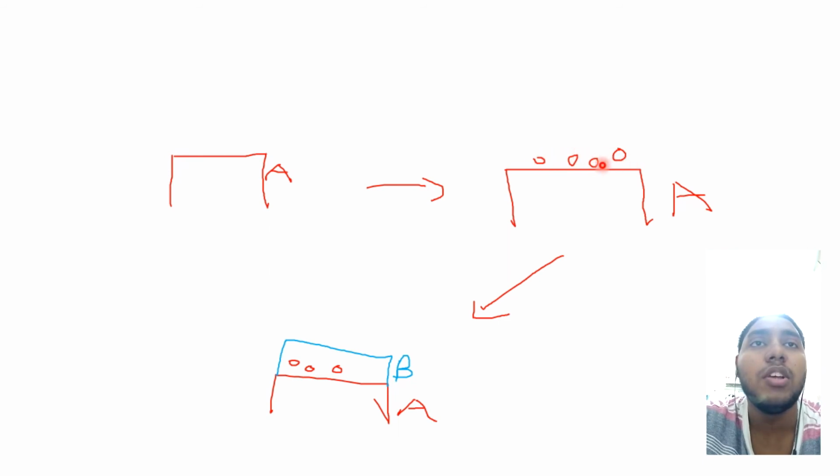As time goes on, sediments start to come in and deposit on rock A. Continuing over time, a new rock is formed on top of rock A, which is rock B, a younger rock, and the pebbles of rock A will be inside of rock B. That's how they get stuck inside the younger rock B.